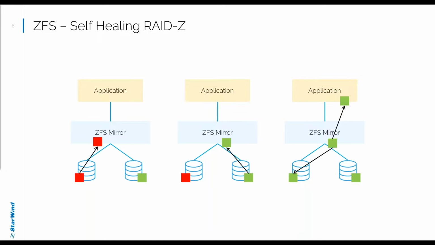If a checksum does not match on a block, it will look at the other disk in the mirror, for example, to see if a good block can be found. If it is found, the good block is passed to the application, and then ZFS will fix the bad block in the mirror so that it also passes the checksum. As a result, the application will get the good data, and your pool will always be in a good, clean, and most importantly, consistent state.